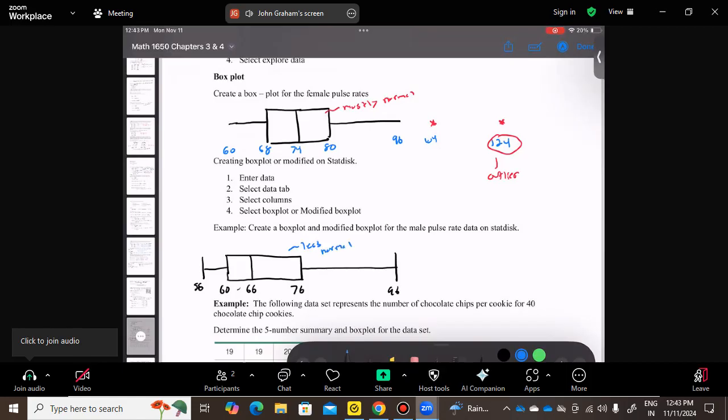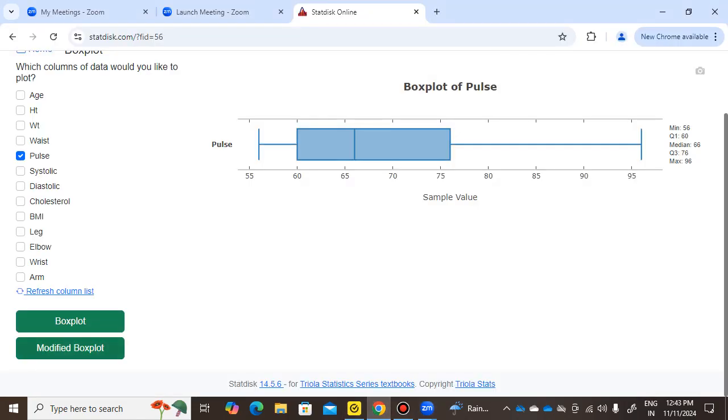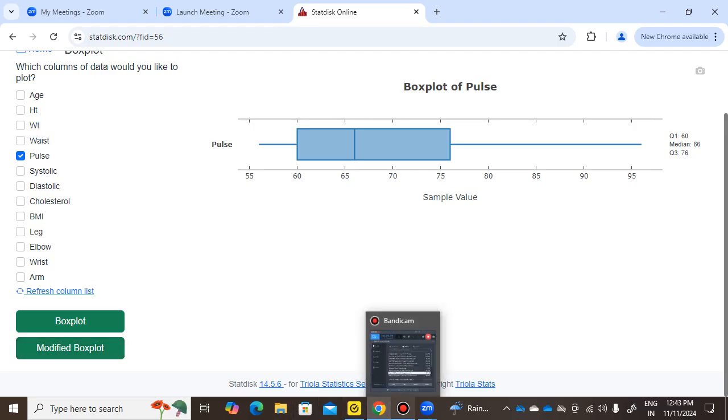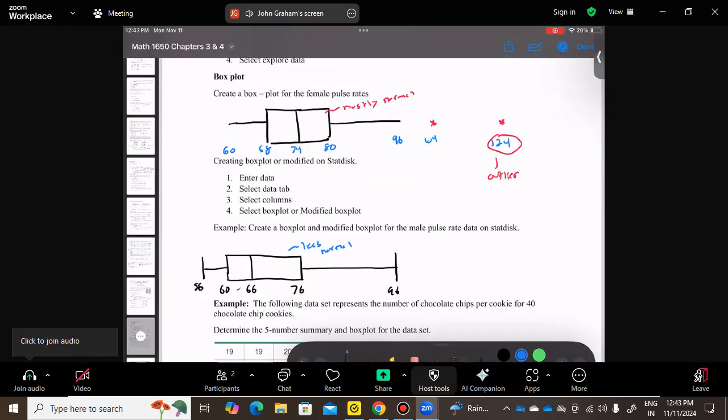And then if we look at the modified box plot again, we can see that there weren't any asterisks, so there's no outliers. All right, so being modified, the only change is they take the bars away at the end, and there's no outliers.